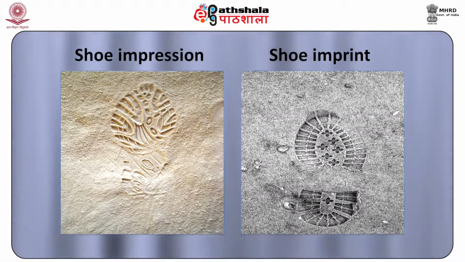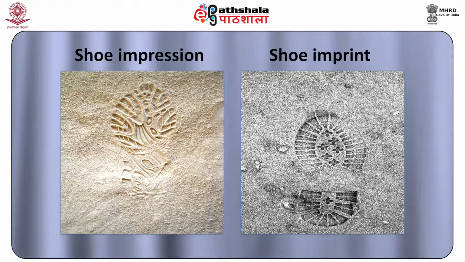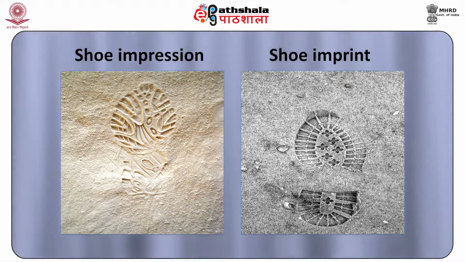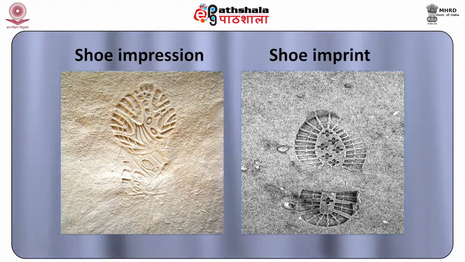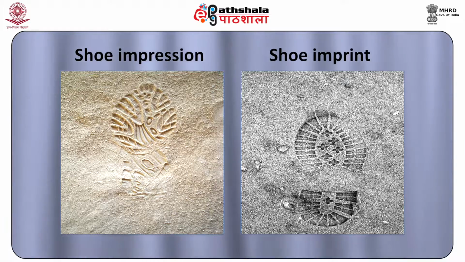For example, a shoe will leave an impression in loose sand, but on a hard surface like concrete or linoleum, it will leave an imprint. The footwear impressions can be compared with the suspect's footwear to determine whether the impressions obtained are from the same individual or not.